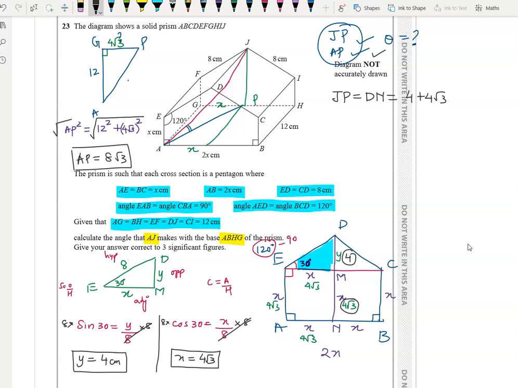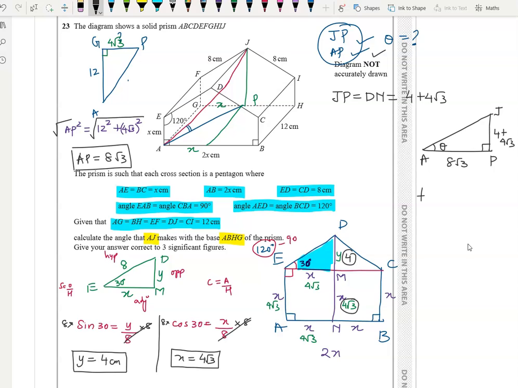Now look at this triangle APJ. Side AP we got as 8 root 3. JP is 4 plus 4 root 3 and this angle is theta, the required angle.